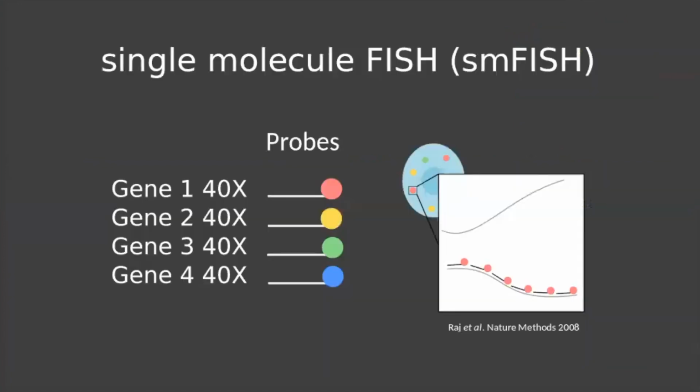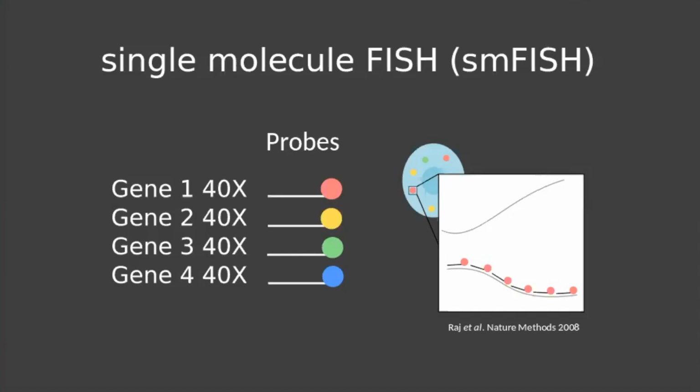And one of them is single molecule FISH. This is an unamplified method, which means that the dots are very small and that you can better quantify them. And it works like this. So in gray, again, it's the mRNA molecule, the RNA molecule that you're interested in. And then to every target, you design a number of probes, usually somewhere between 20 and 50 probes.